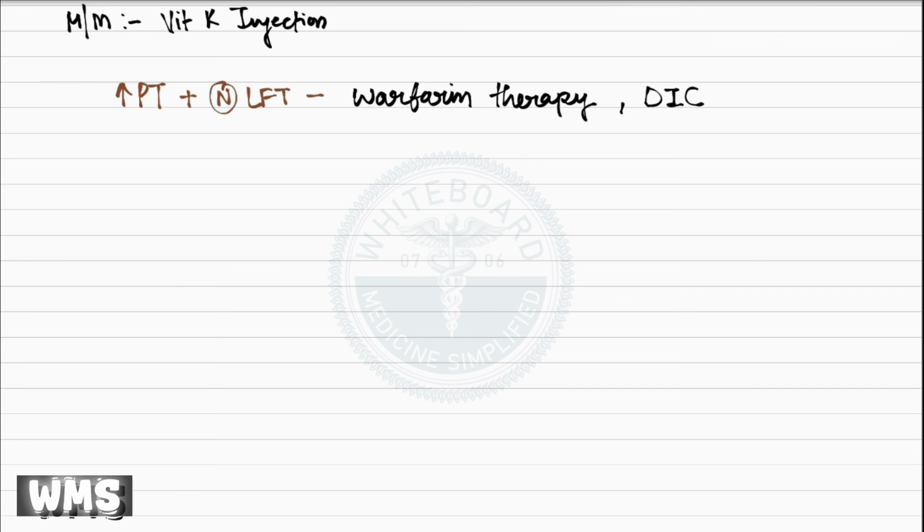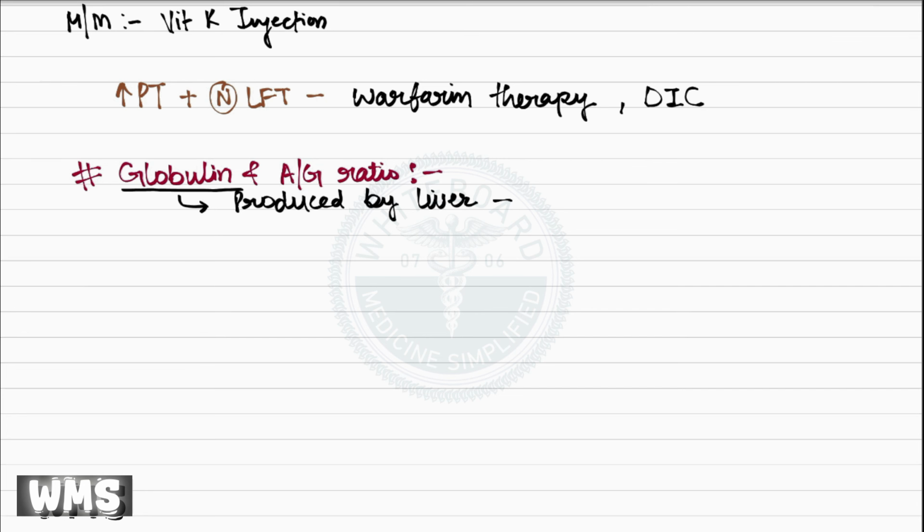Now, another important component of the liver panel is globulin and the albumin to globulin ratio. Albumin, as we discussed, is synthesized by the liver, whereas globulins are produced by both the liver and the immune system, but mainly by the immune system.